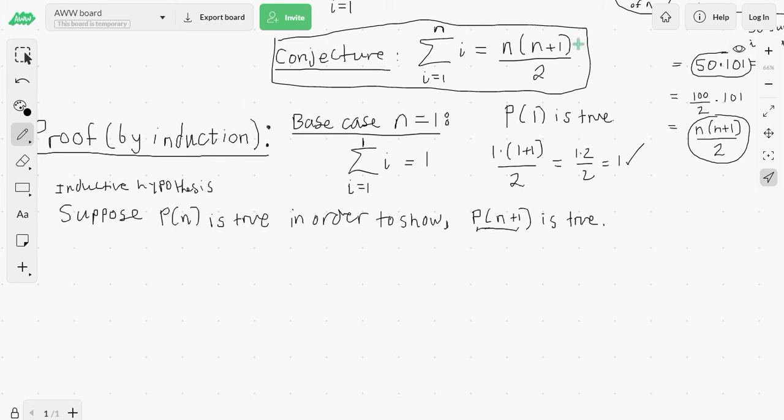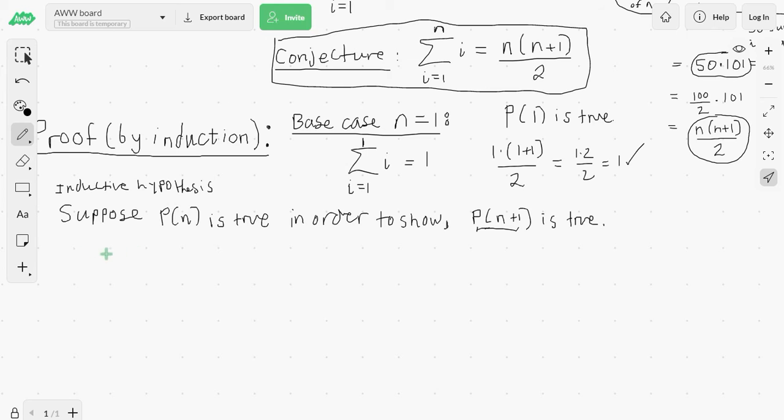Well, P of n is the statement right here. P of n plus 1 would be basically what we get when we plug in n plus 1 for both the left-hand side and the right-hand side. We have to make sure that it's true for both sides of this equation. So let me be a little bit more specific.